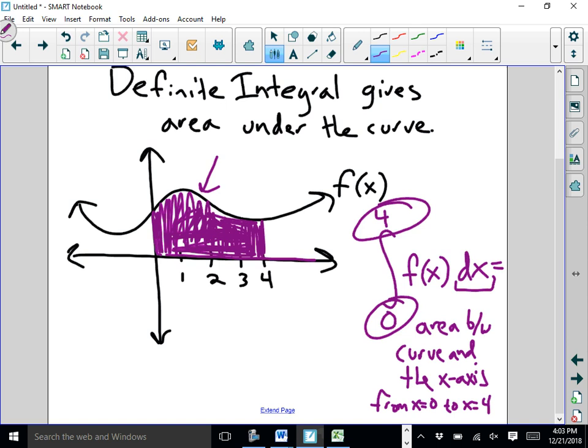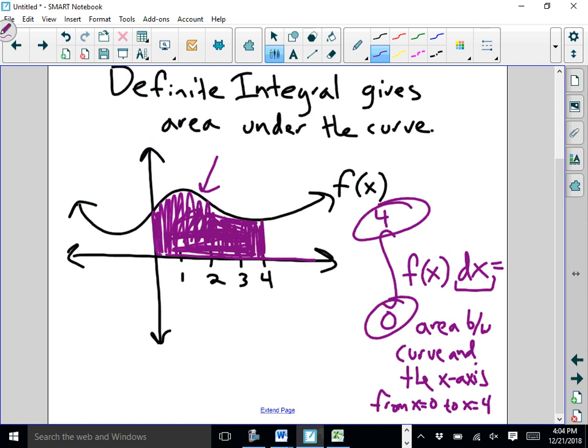If we want to calculate the area of different shapes, we know formulas for rectangles, triangles, trapezoids, parallelograms. But how do we find irregular looking shapes like this one? Well, definite integrals allow us to calculate areas of very bizarre shapes.